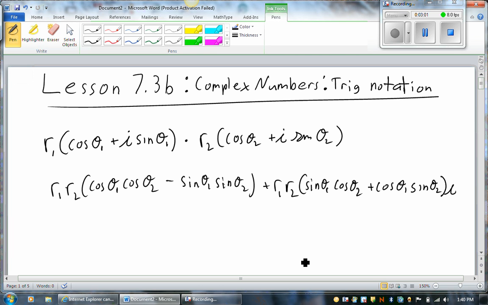Okay. And we're going to continue. We're going to be using our identities of sums of angles. Remember to look at your note cards.